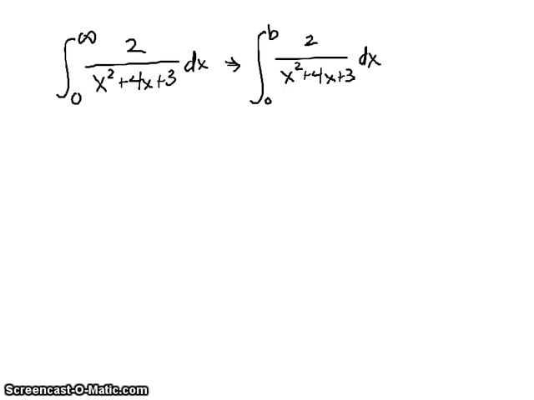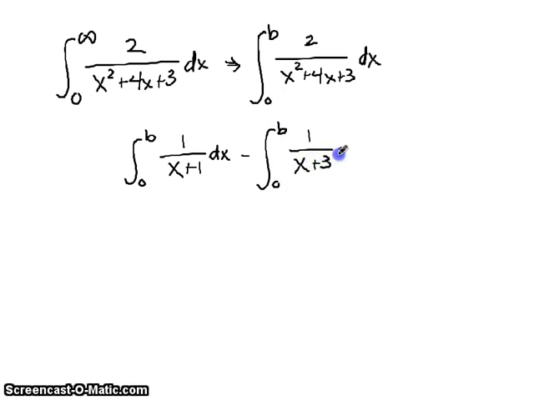Alright, if you got it, we should end up at this, the integral from 0 to b of 1 over x plus 1 with respect to x, minus the integral from 0 to b of 1 over x plus 3 with respect to x. So if you don't know how to do that, go back, watch the video on partial fraction decompositions.